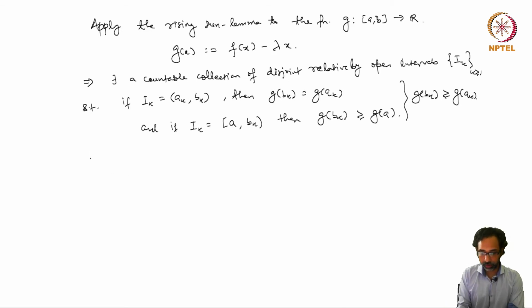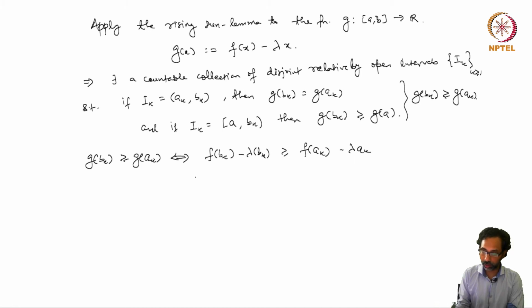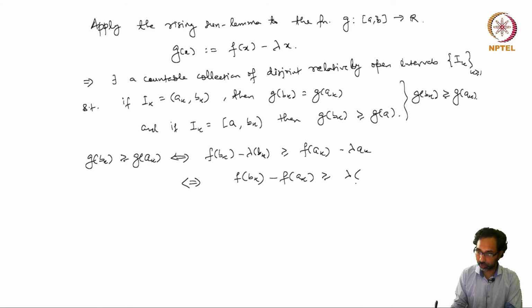And if we write this inequality g(b_k) greater than or equal to g(a_k), this is the same as saying that f(b_k) minus lambda b_k is greater than or equal to f(a_k) minus lambda a_k, which is the same as saying that f(b_k) minus f(a_k) is greater than or equal to lambda times (b_k minus a_k).